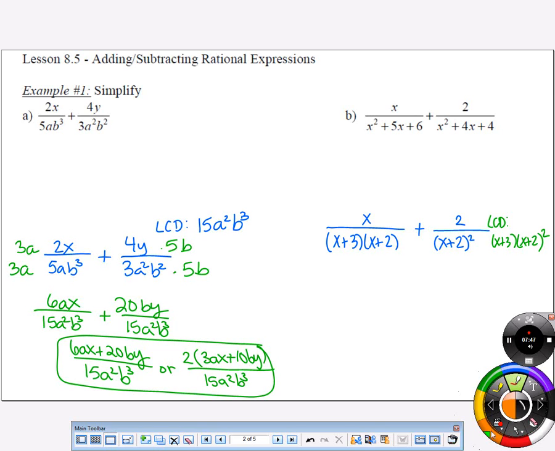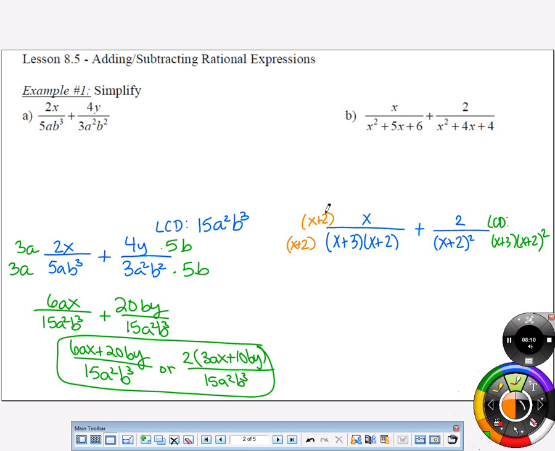Once I know what my least common denominator is, this first fraction is missing this extra factor of x plus 2, so it needs another factor of x plus 2 if it's going to have the common denominator.